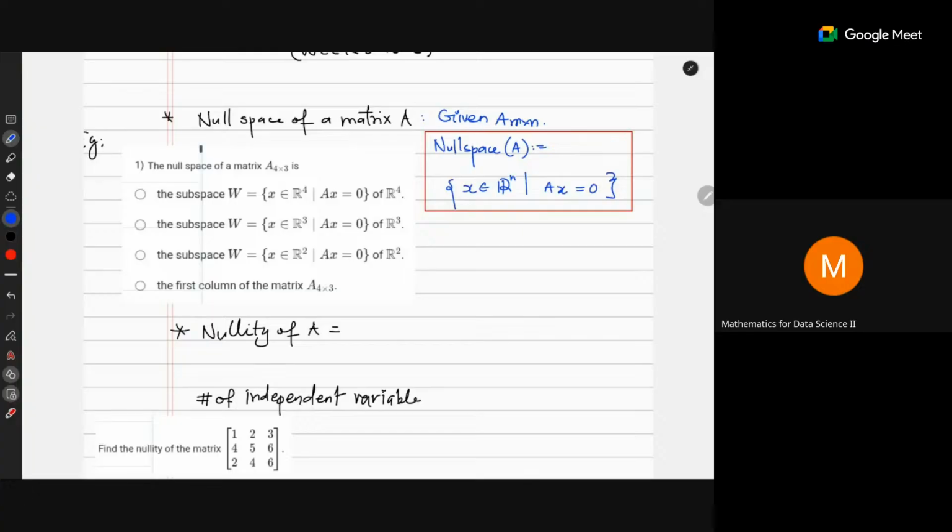So, quick examples of null spaces. If you have the identity matrix, where the diagonal entries are 1 and the rest of the entries are 0, what is the null space of the identity?